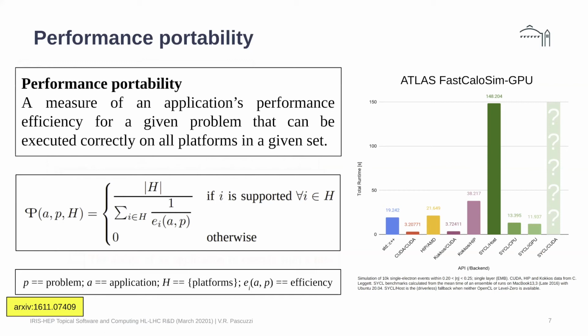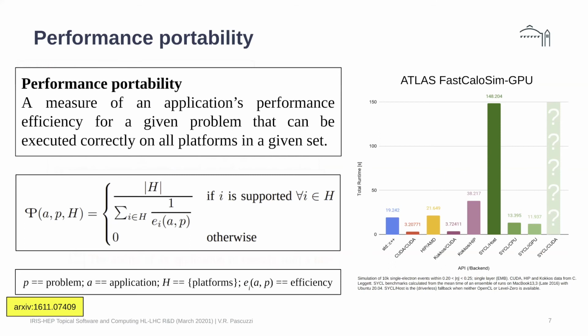So more formally, they have this harmonic mean representation where you have this fancy P as your performance metric, little p being the problem that you want to solve, a the application, big H a set of platforms that you're trying to target, and then e_i(a,p) is your efficiency, which can be, for example, architectural.